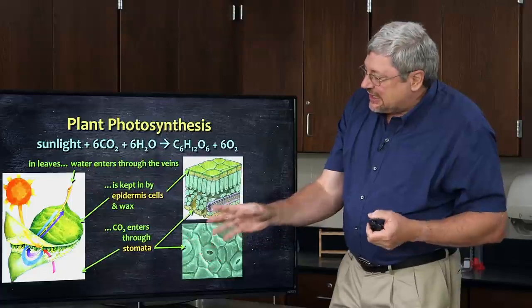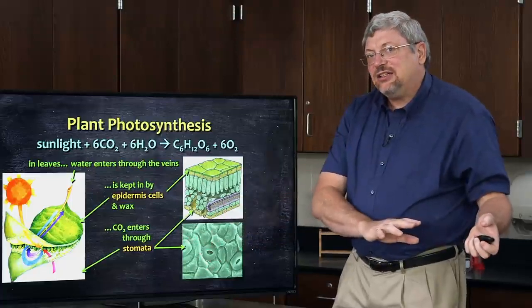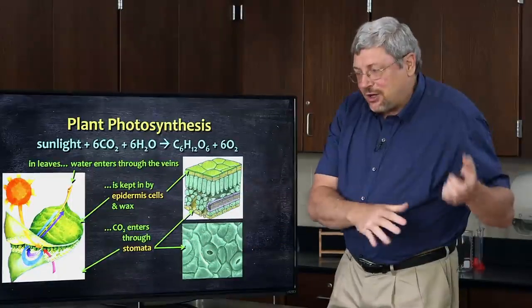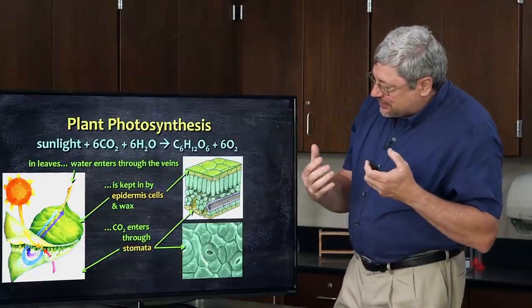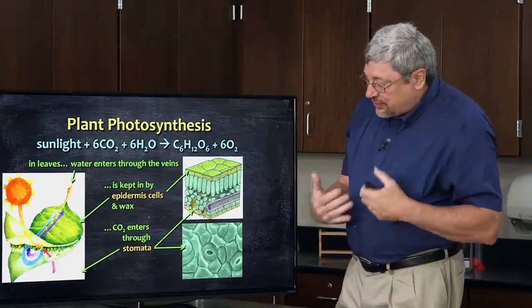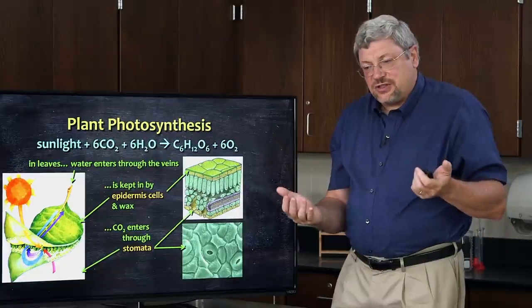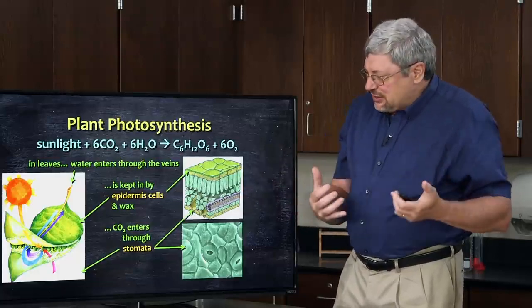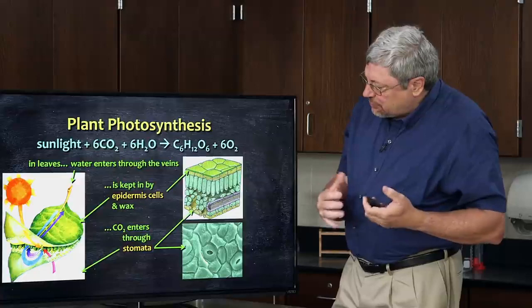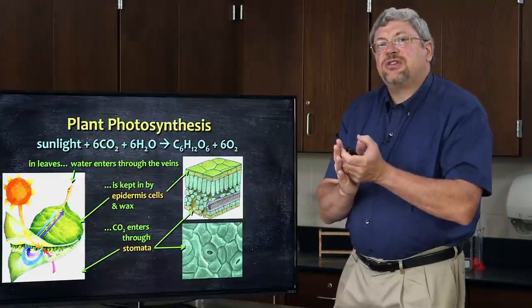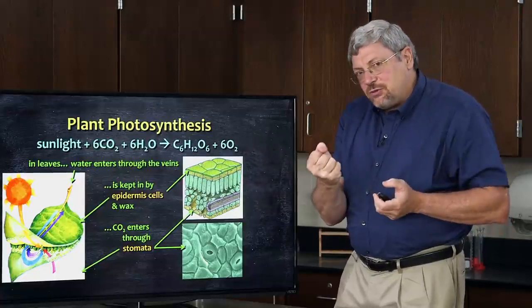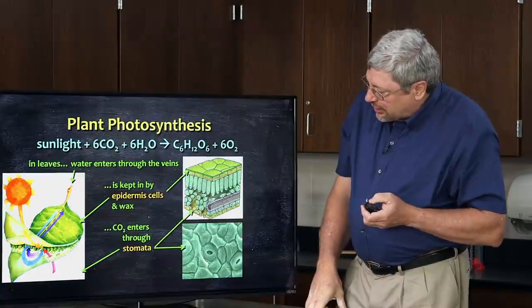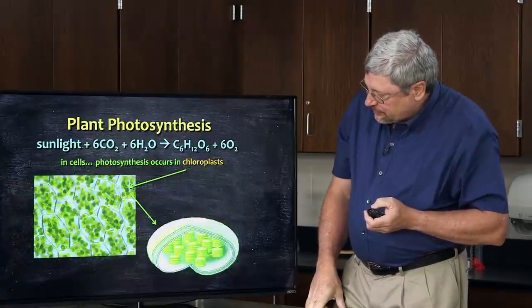The stomata then allows carbon dioxide in, and photosynthesis can occur. Then at night, when photosynthesis isn't occurring, or when other things make photosynthesis impractical, we close the stomata so that we don't lose the water out of the leaf.